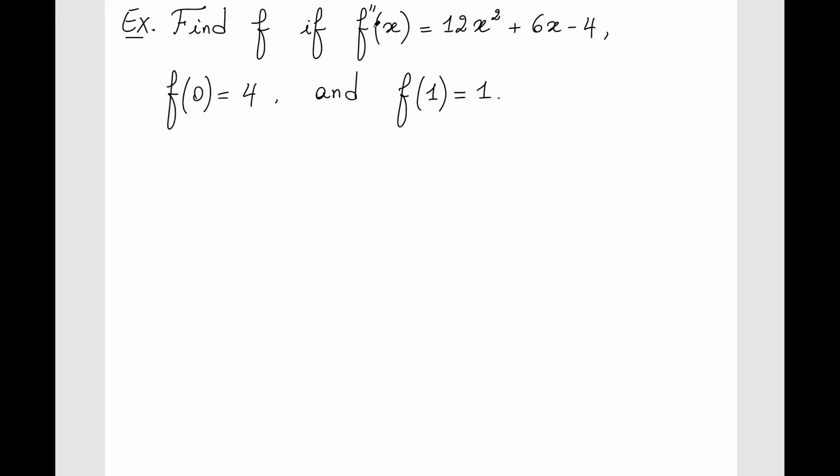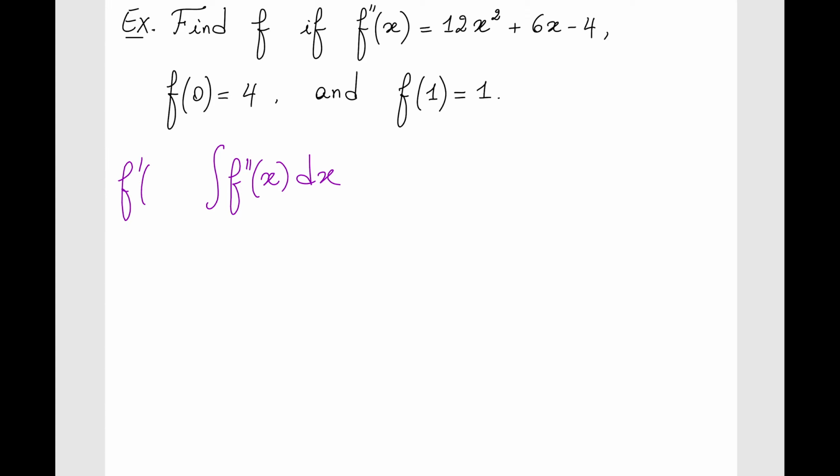So we're going to go from f double prime to the first one after we integrate. If we integrate this one, what does it mean? We're going to find a function so that the derivative of this function is this guy.